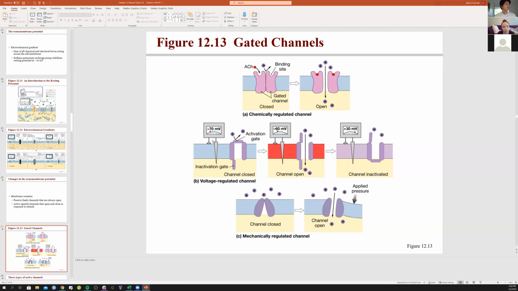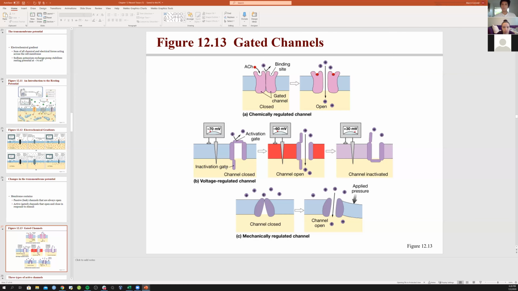In this case, we have a voltage-gated channel. A voltage-gated channel is going to activate at a particular voltage. So, for example, positive charge rushing into the cell is going to lead to a change in voltage.